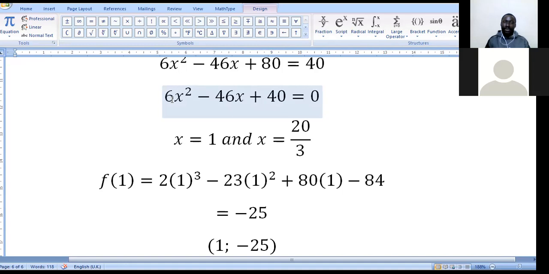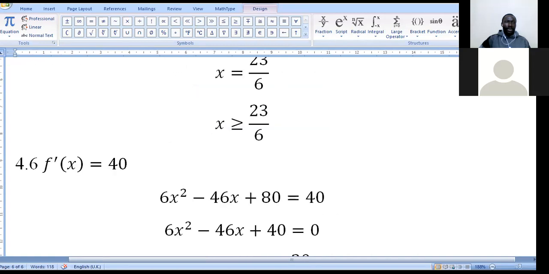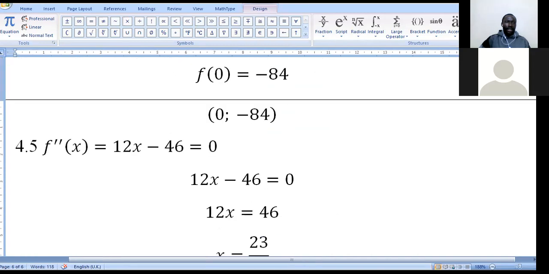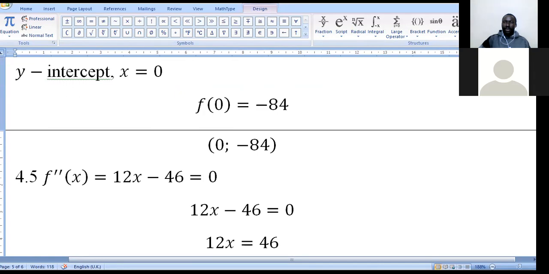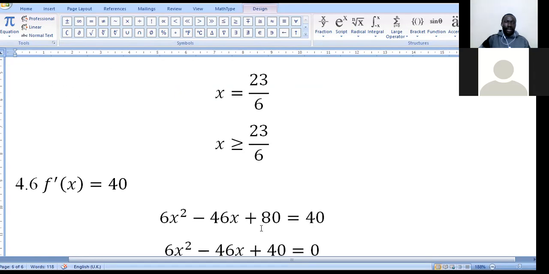Wait, is that what we are going to get? No, this is not the derivative. I'm substituting in something else. The derivative is this one, so that's where I'm supposed to substitute 1.